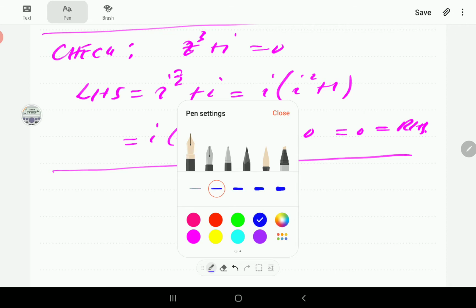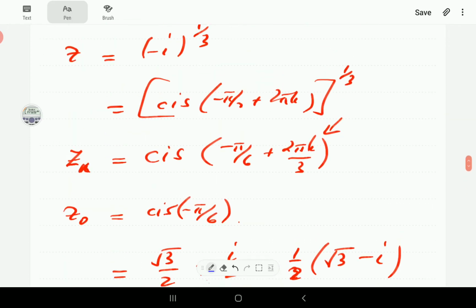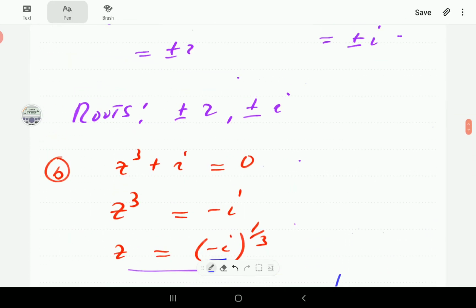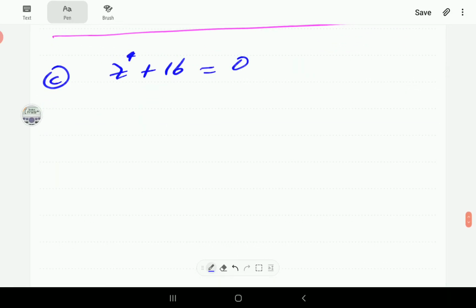All right. In the next question, we have z to the power 4 plus 16 is equal to 0. The way we're going to solve this is pretty similar to what we did in part B. We're just going to make z the subject of the formula.